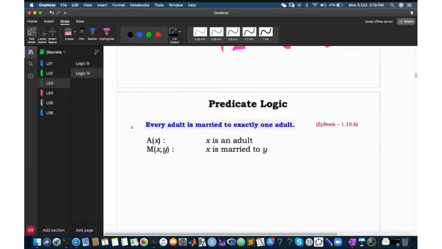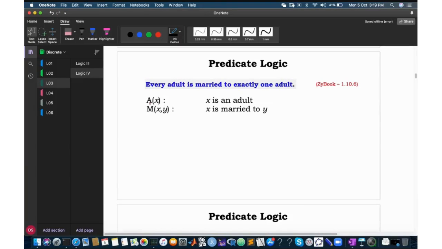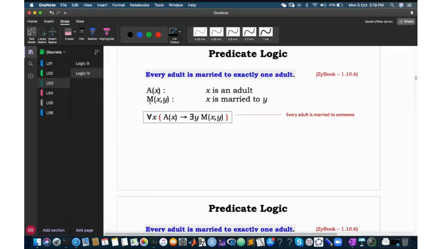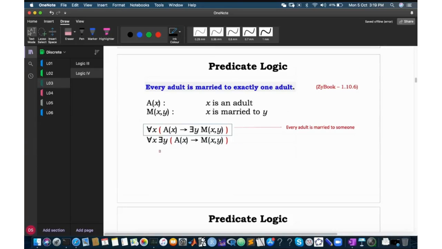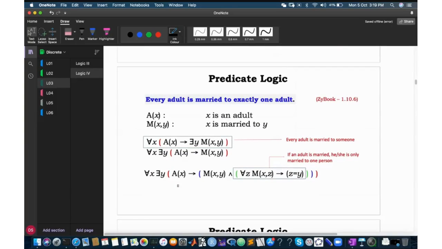Awesome. So we had the part which says that x is an adult. We assumed that our domain is the domain of adults. So you can do that. I think you're fine with that. So for all x, if x is an adult, then there must exist someone that they are married to. Okay, that's fine. You can bring y out. So here's the complete statement.